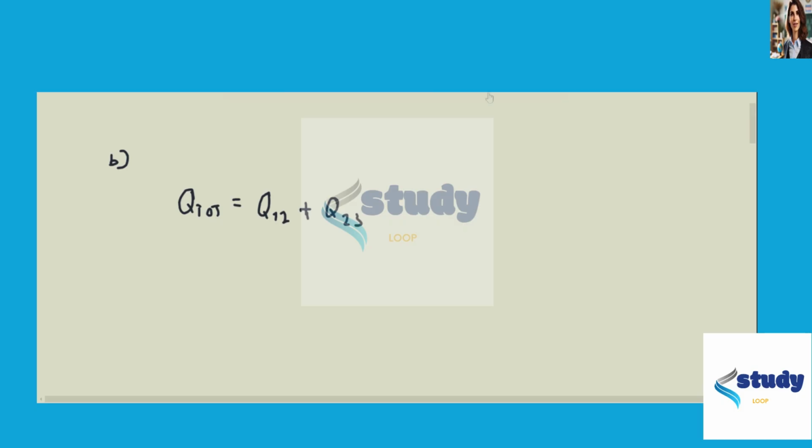Now 2 to 3 is an adiabatic process, meaning there is no heat exchange. So it will be equal only to 1 to 2. This change happens under constant pressure, so this will be n times Cp times delta T.